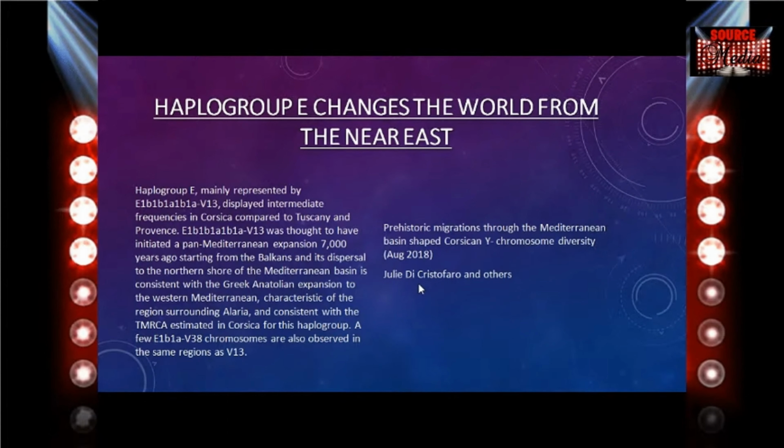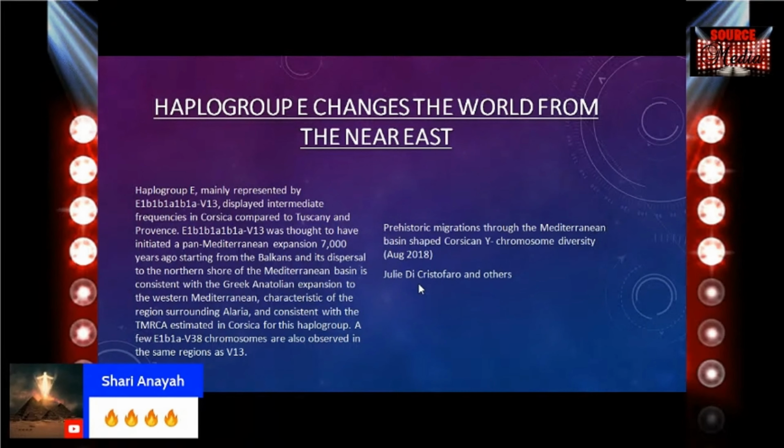EV13 was thought to have initiated a pan-Mediterranean expansion 7,000 years ago, starting from the Balkans, and its dispersal to the north shore of the Mediterranean basin is consistent with the Greek Anatolian expansion and the Western Mediterranean, characteristic of the region surrounding Ilaria, and consistent with the most recent common ancestor date in Corsica for this haplogroup.